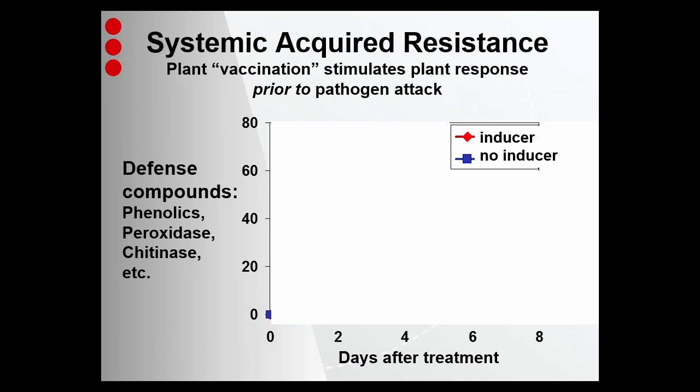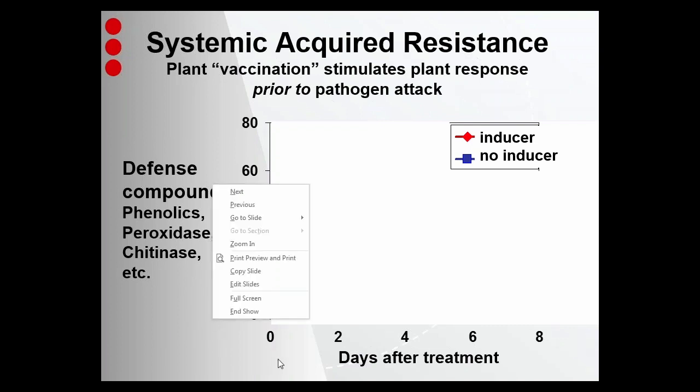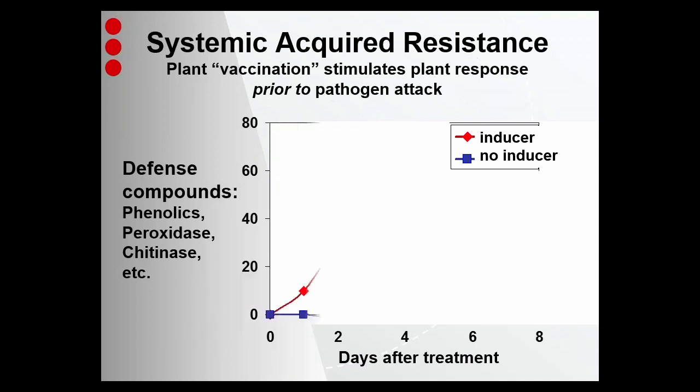So we can look at what happens in the plant if we apply an inducer material, which in some cases might be a compost tea, but also there are commercial products like Harpins that can induce this response, versus a plant that doesn't get that kind of inducer applied. So the blue line is showing a normal plant, and the red line showing a plant that has had this inducer applied.